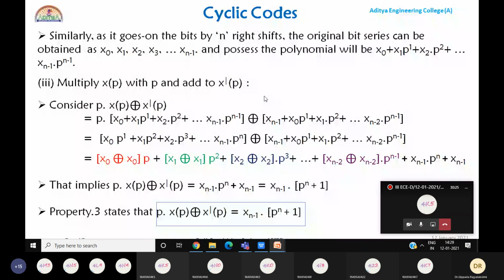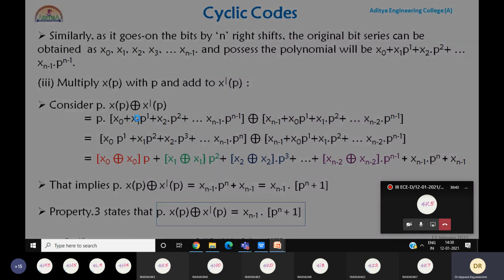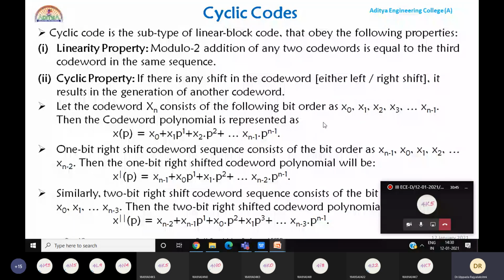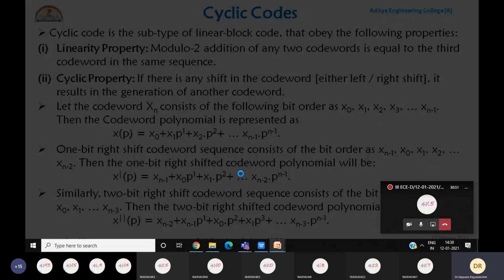Okay. And the third property is a relation. That is p into x of p XOR x dash of p is x(n-1) into p power n plus 1. So in the examination, they may ask you to prove this relation for the cyclic codes. Then you just have to assume what is x of p, the original bit order, and then get the x dash of p for one bit right shift.